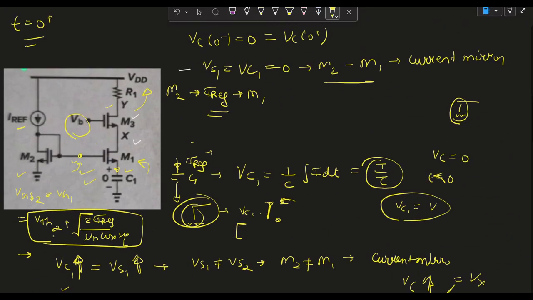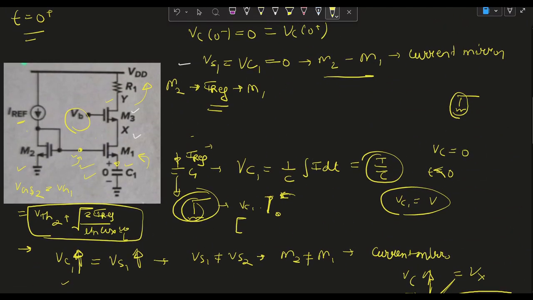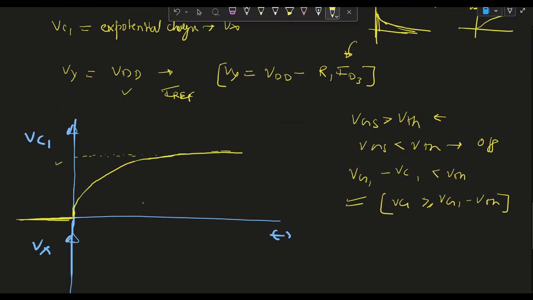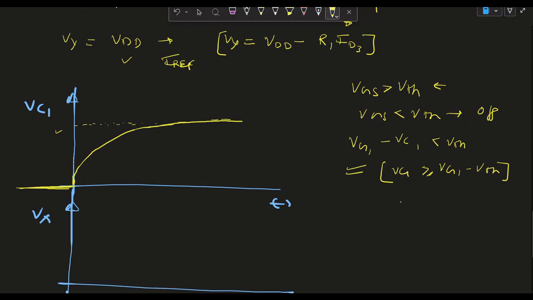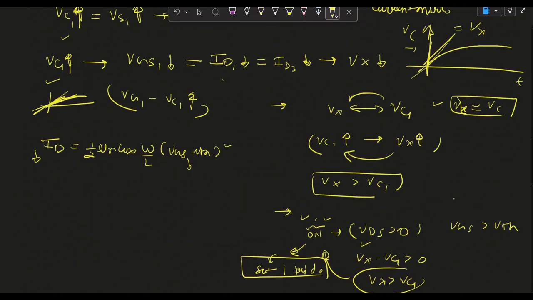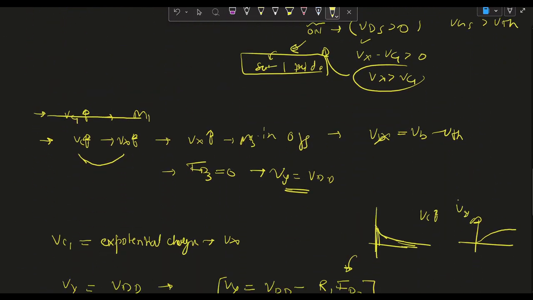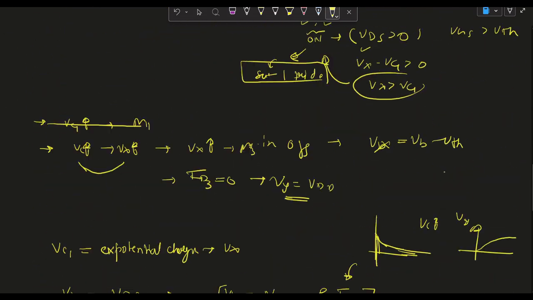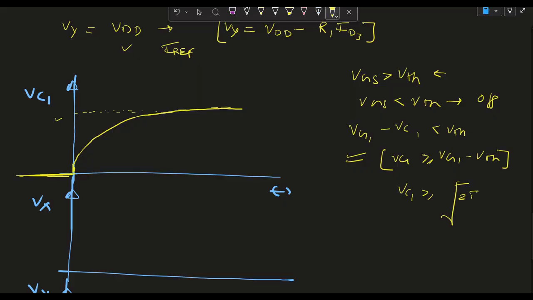The VTH2 and VTH1 will cancel out, as every MOSFET is the same. So our VC1 will always be less than or equal to the square root of 2 IREF over mu n Cox W over L. This was the maximum voltage this capacitor will attain.